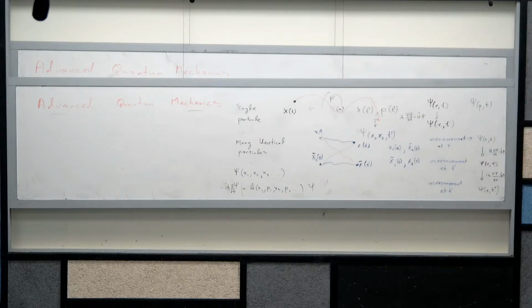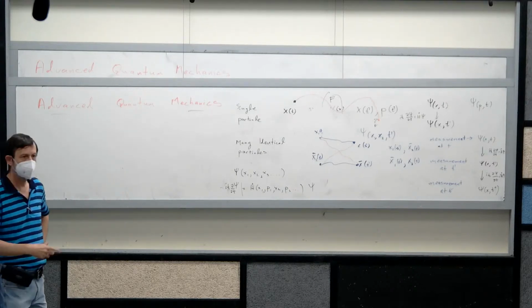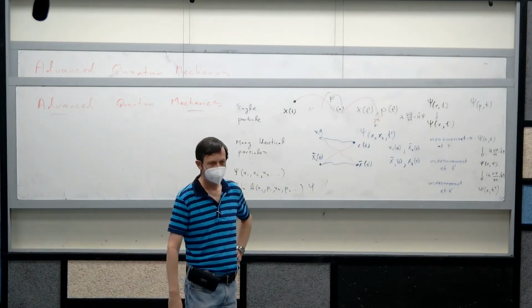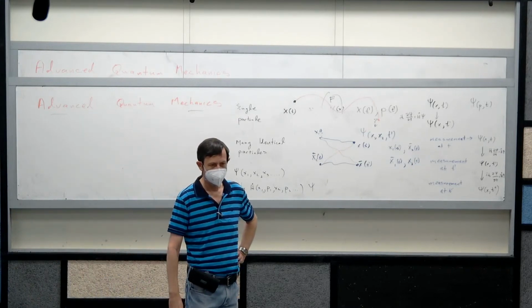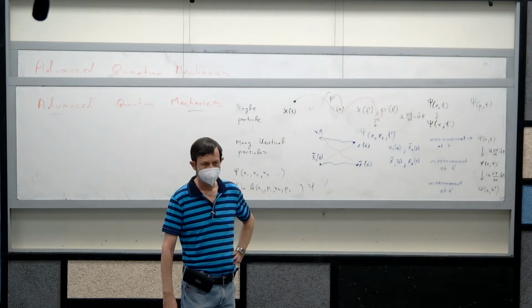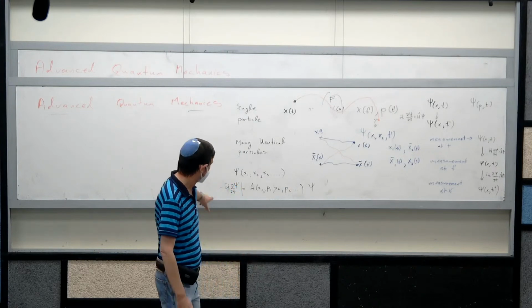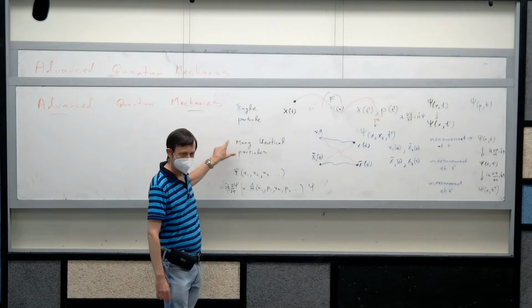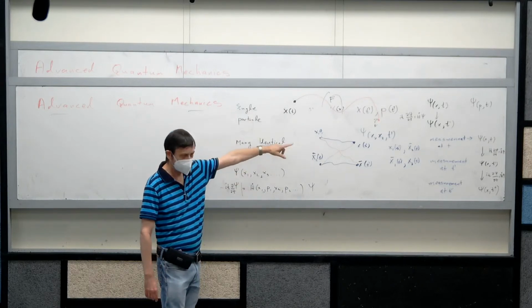You have discrete energy levels, and particles can't be in the same level if they are bosons. That will be the result of this.